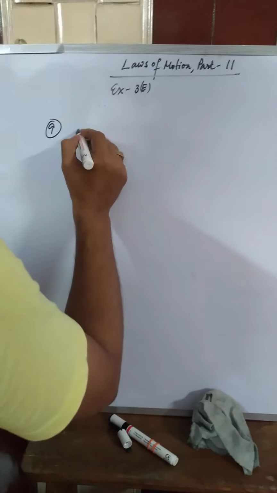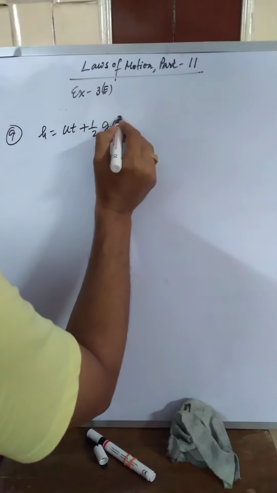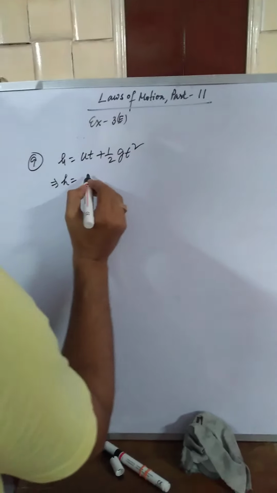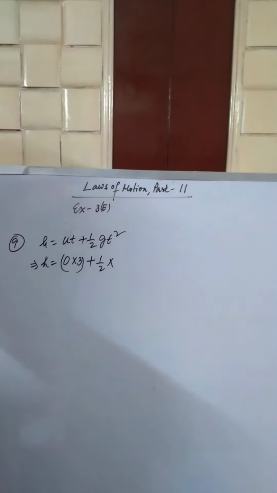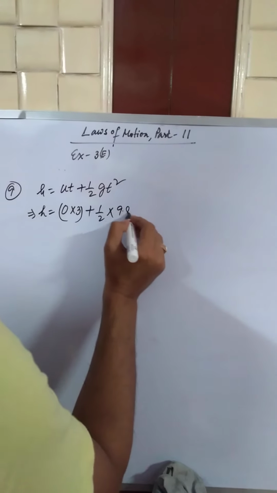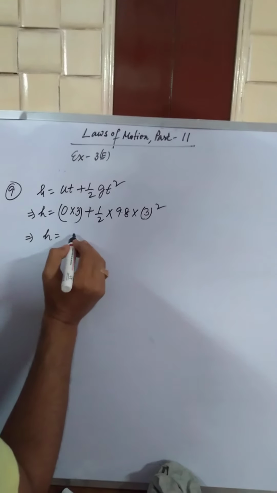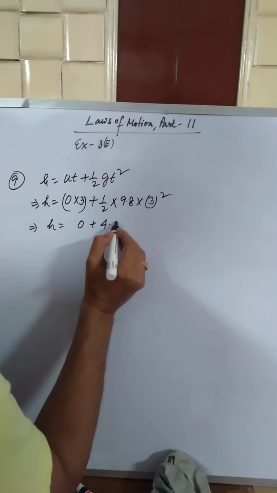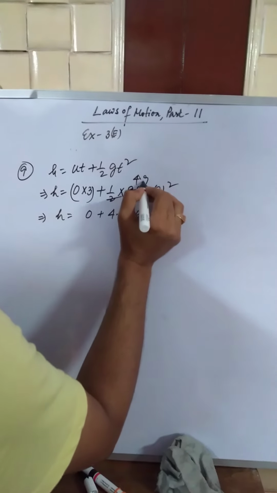Consider this equation, h equal to ut plus half gt square. The initial velocity is 0. The value of time is 3 seconds. So half into g, where g is 9.8 meter per second square, and t is 3 squared. So h equals 0 plus 4.9 into 9, because when you cancel it comes to 4.9.